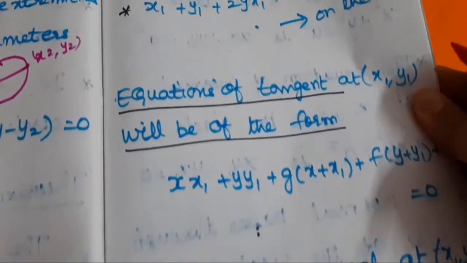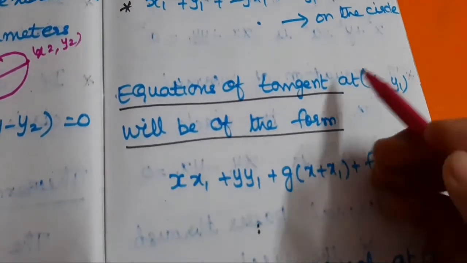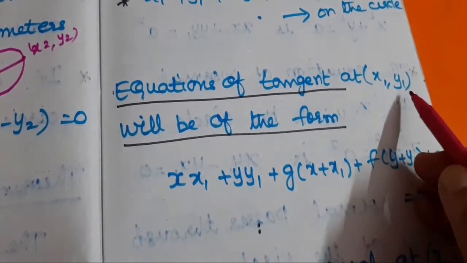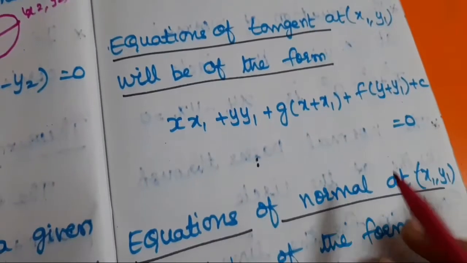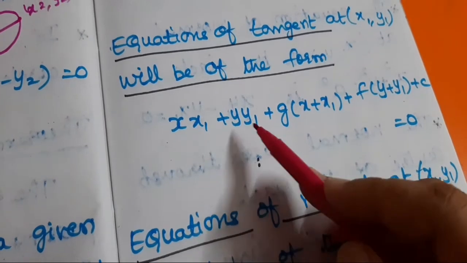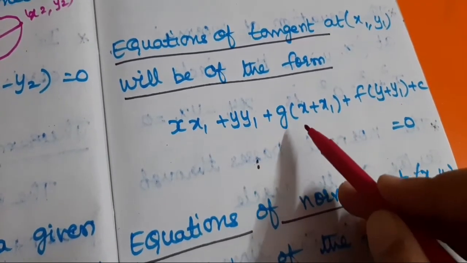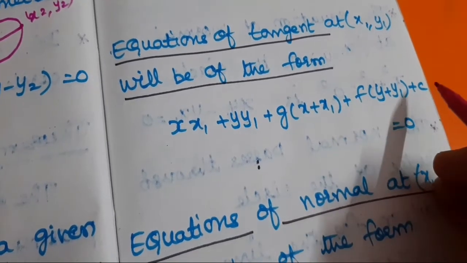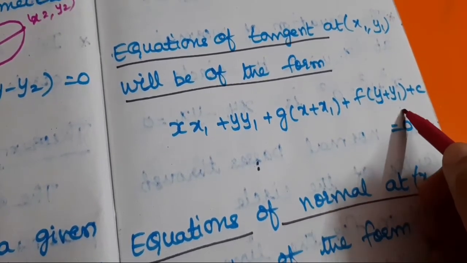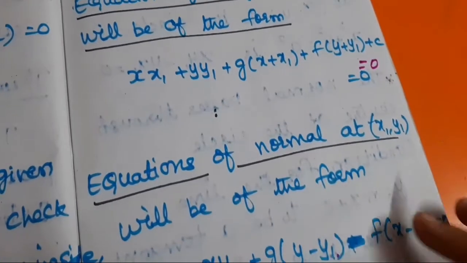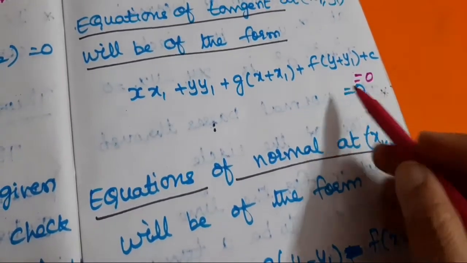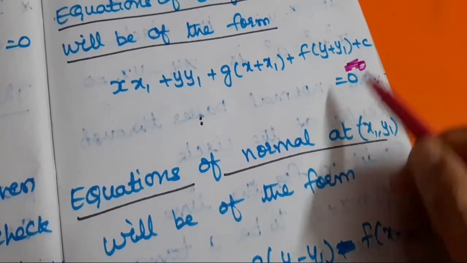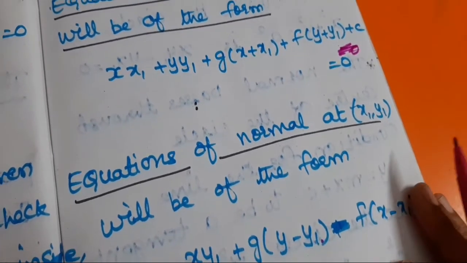Then the equation of the tangent at (x1, y1) will be of the form x x1 + y y1 + g(x + x1) + f(y + y1) + c = 0. So this is the tangent equation of the circle.